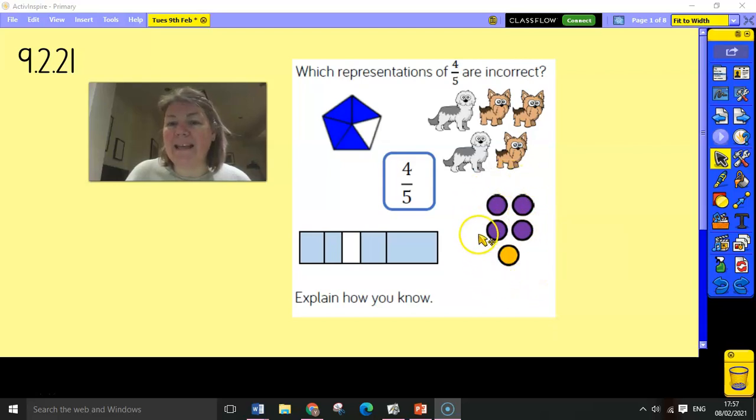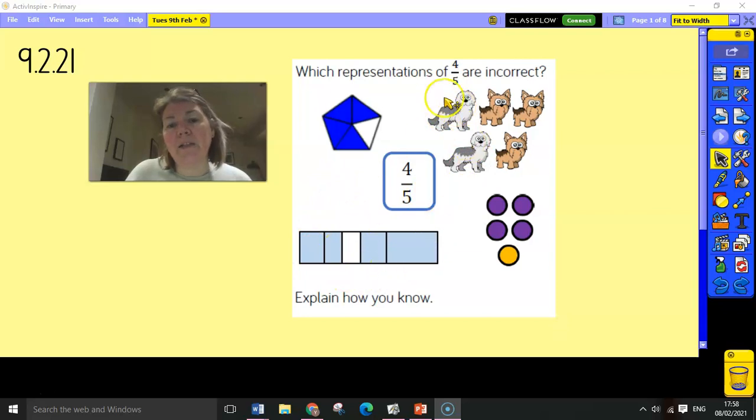So this is a correct representation of 4/5. If we have a look here at this 5-sided 2D shape, which is a pentagon, we can see that there are 1, 2, 3, 4, 5 parts in the whole, and we can see that 4 of them are shaded blue. So this representation is also correct.